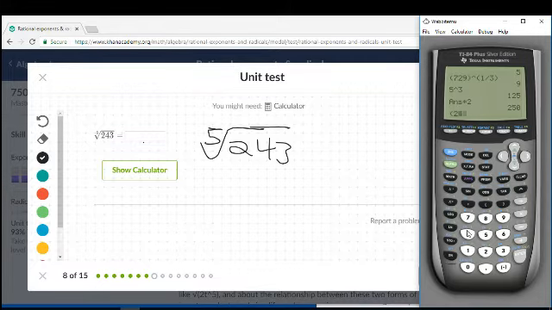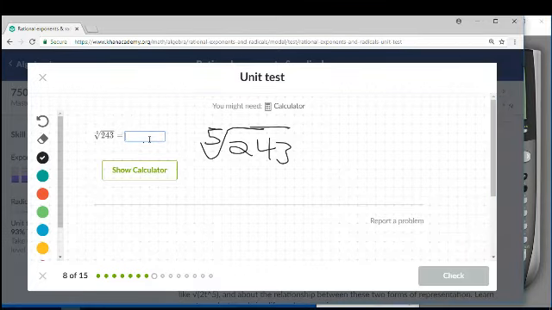So 243 to the 1 over 5, to the 1/5, is equal to 3. 243 to the 1/5 is 3. So I guess that 3 times 3 is 9, times 3 is 27, times 3 is 81. I guess 81 times 3 is 243.